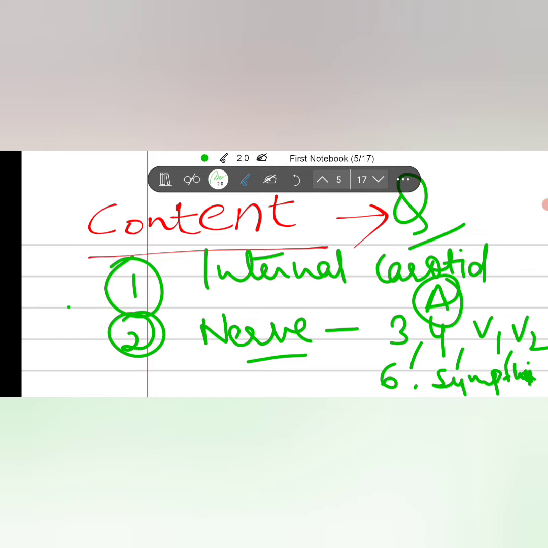These and the sympathetic plexus around the internal carotid artery are the structures passing through the cavernous sinus.